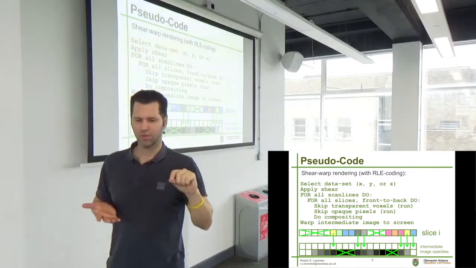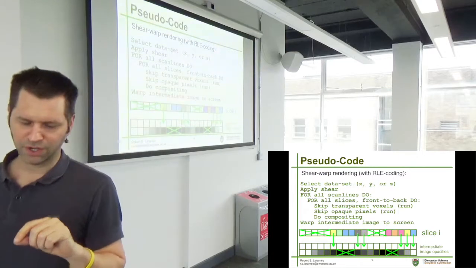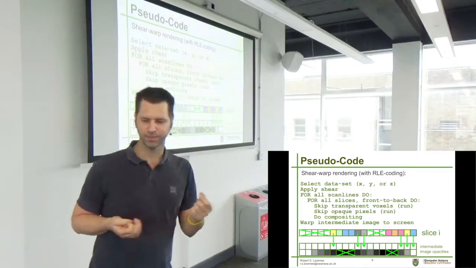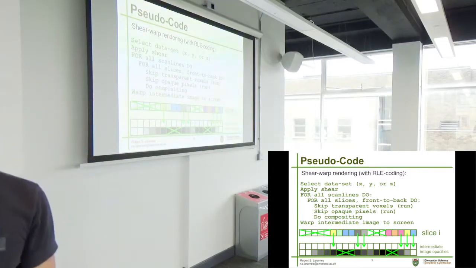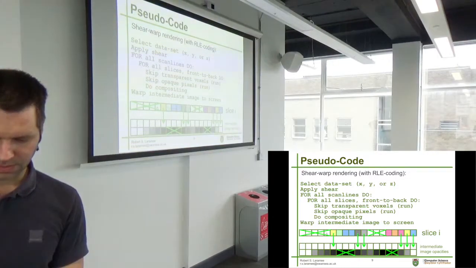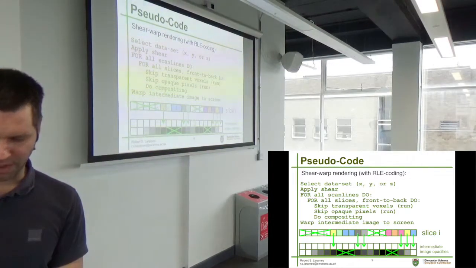We skip transparent voxels. We can encode them using run length encoding if we want to. Now this is a slice in object space. And then look what happens. This is a scan line in image space.